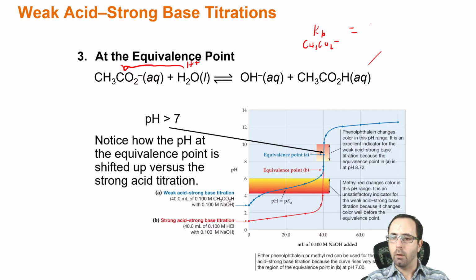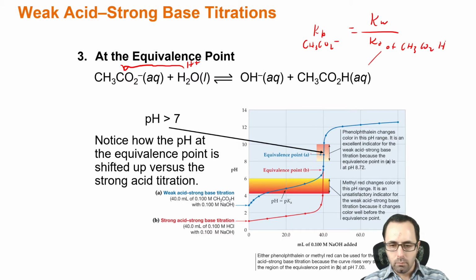What you can do though is you can get it by doing the Kw over the Ka of acetic acid. And that will be the equilibrium equation you use to determine the pH. You'll find the concentration of hydroxide, and then you will get the pH.